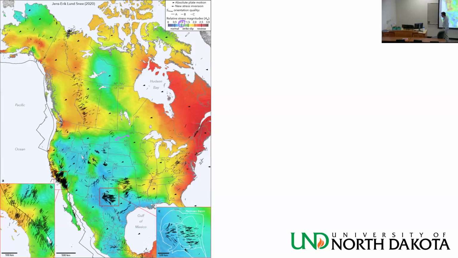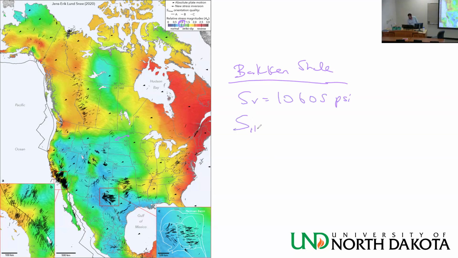normal and vice versa. This is because, as we know, the Bakken, so I give you values for the Bakken, typical values for the Bakken shale. SV is 10,605 psi. SH max is 10,302 psi.